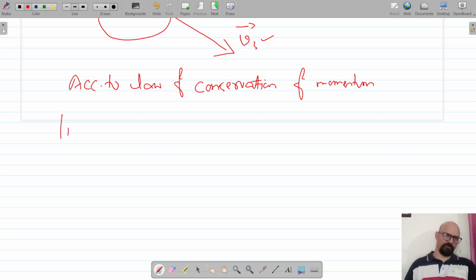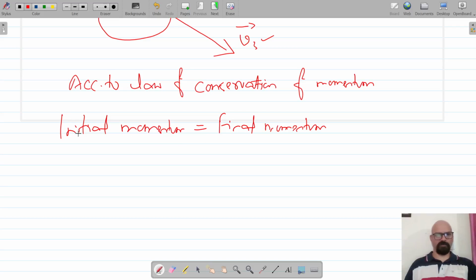Final momentum is given by the momentum of the three fragments: the mass of the first fragment times its velocity vector, the mass of the second fragment times its velocity vector, and the mass of the third fragment times its velocity vector.